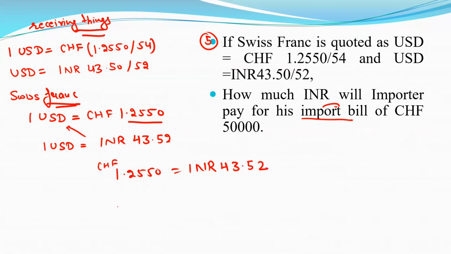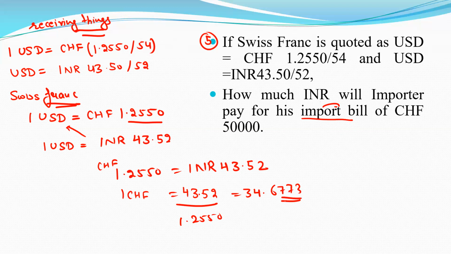So 1 CHF is equal to 43.52 by 1.2550, which comes out to be 34.6773. Why do we take this?